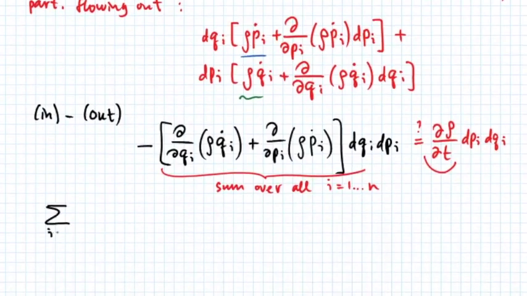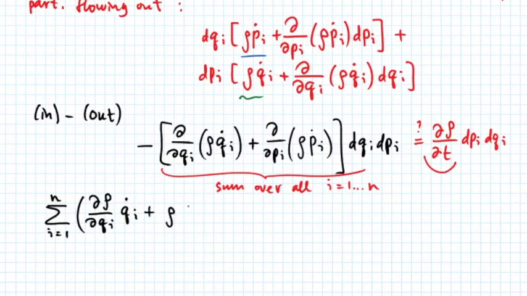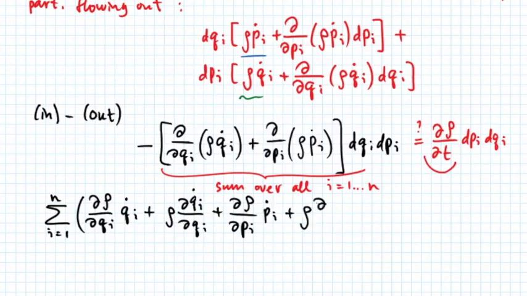Let's rewrite it. Sum from 1 to n of the partial derivative of rho, now opening these products, with respect to q_i times q_i dot, plus rho times the partial derivative of q_i dot with respect to q_i, plus the partial derivative of rho with respect to momentum p_i times p_i dot, and plus rho times the partial derivative of p_i dot with respect to p_i.